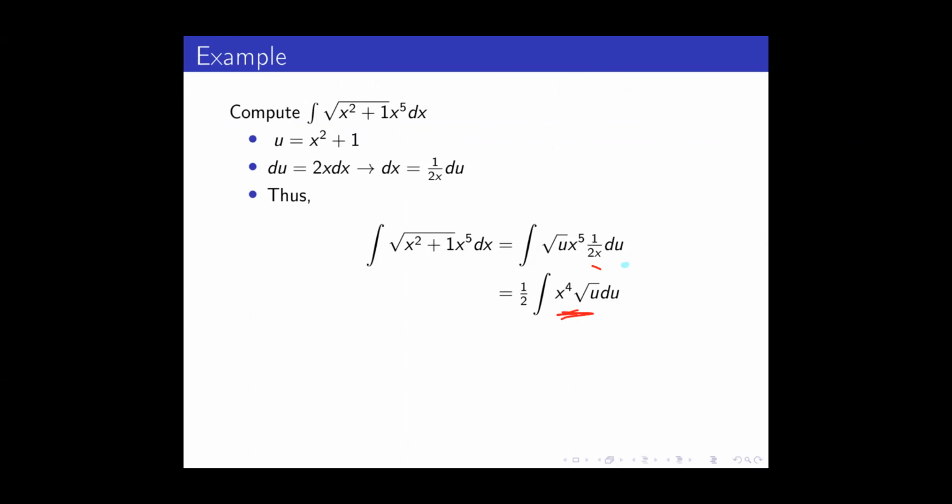And now, since you have to get rid of this x, you have to somehow write x to the power 4 in terms of u. But that is pretty simple, right? Because x to the power 4 is x squared squared, and x squared is u minus 1.